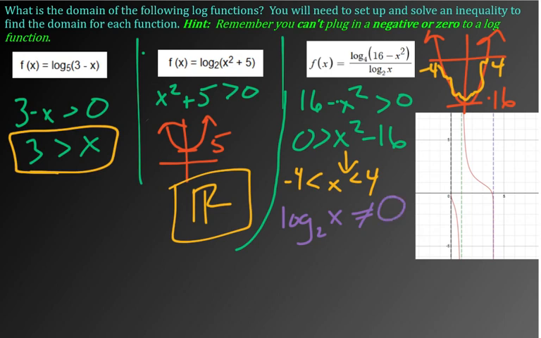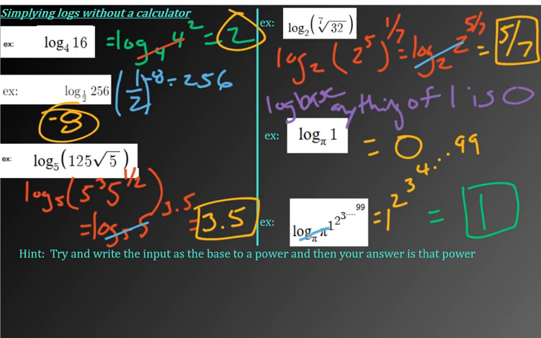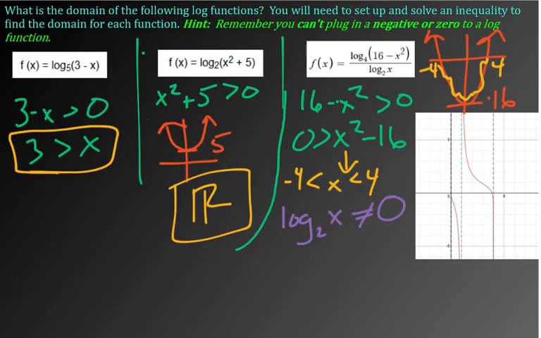And literally on the last slide here, we were saying that logs are going to equal 0 anytime you plug a 1 in, right? Because of the inverse kind of idea with exponentials. If you take anything to the 0, you get 1. So log of 1 should be 0. So that is telling me another important fact, that x can't be 1, right?